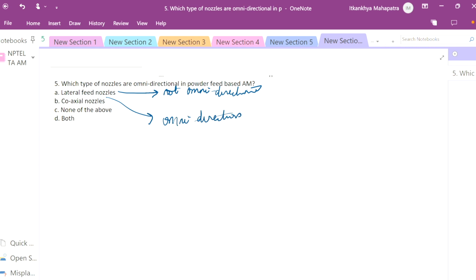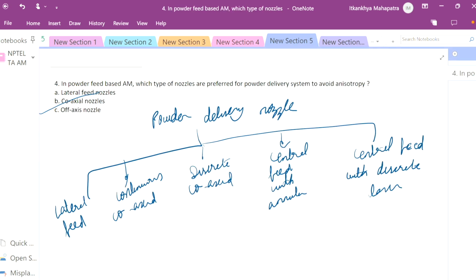These coaxial nozzles are used in parts fabrication throughout the additive manufacturing process, while lateral feed nozzles are used in cladding of rotary components.